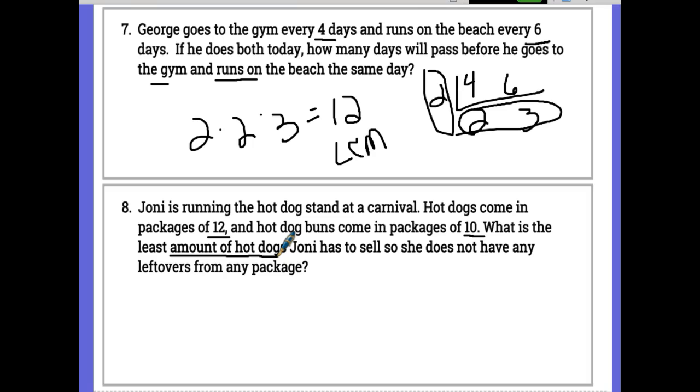She doesn't want to have to give any of this food away or throw any of it away. So we need to find a number that's going to be common to both, but not a factor. We need a least common multiple. So I've got 12 and 10. Smallest prime number is going to be 2. You take it from here.